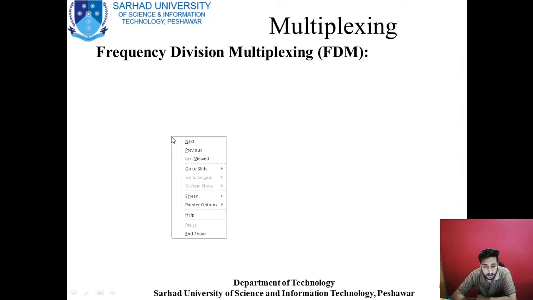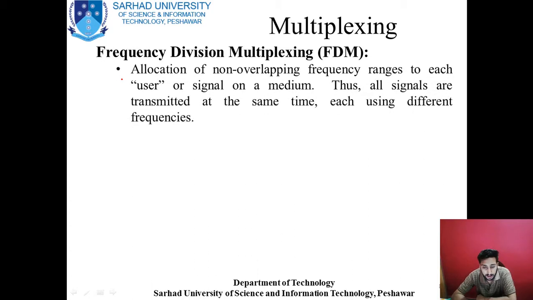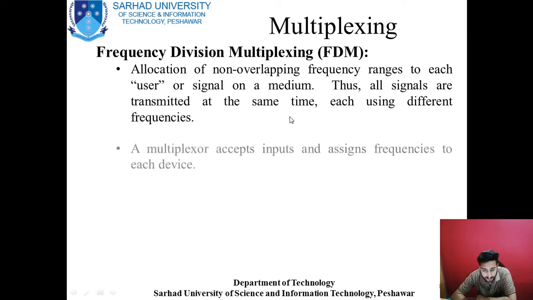Now let us look at the first type of multiplexing, that is FDM, frequency division multiplexing. FDM is the allocation of non-overlapping frequency ranges to each user or signal on a medium. Thus all the signals are transmitted at the same time, but using different frequencies.